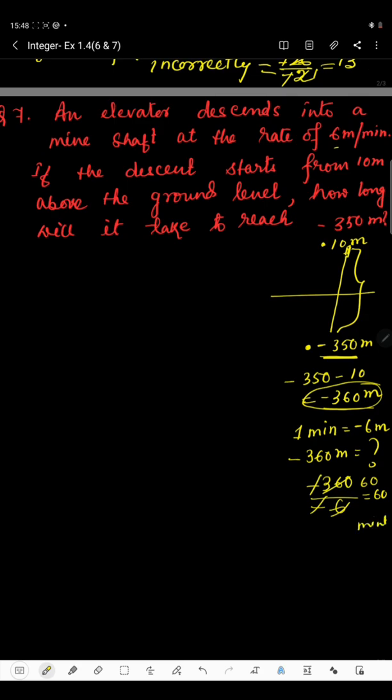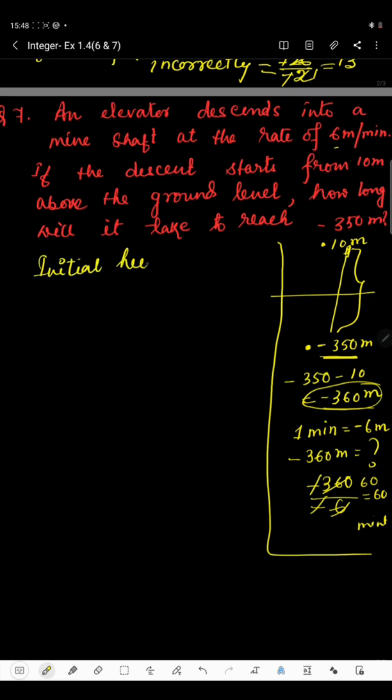So here also we'll be doing the same thing. At first we will write that the initial height was 10 meter and the final depth was -350 meter.